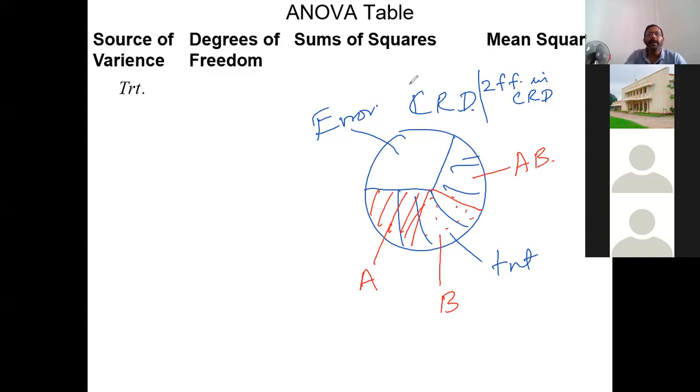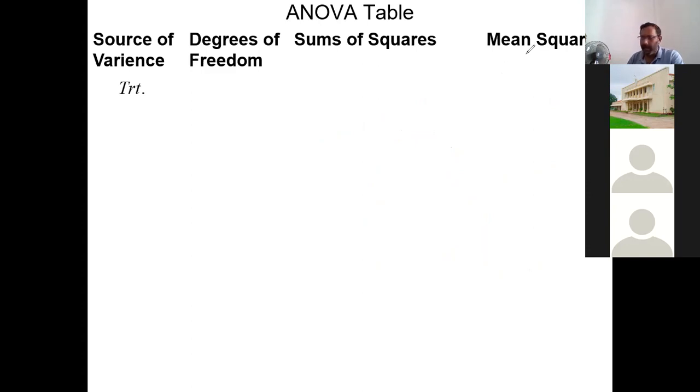So the treatment is partitioned into different components: A component, B component, and AB component.